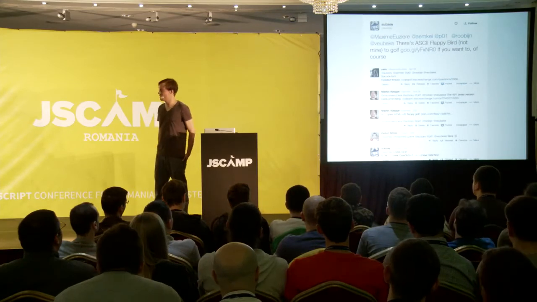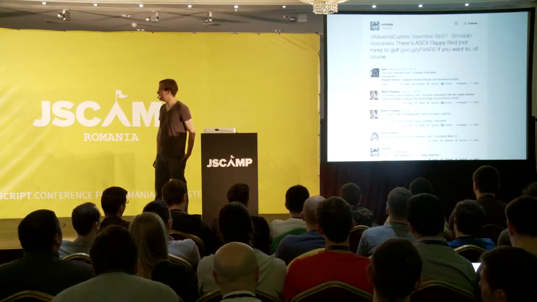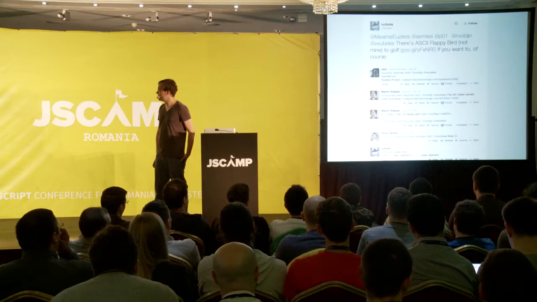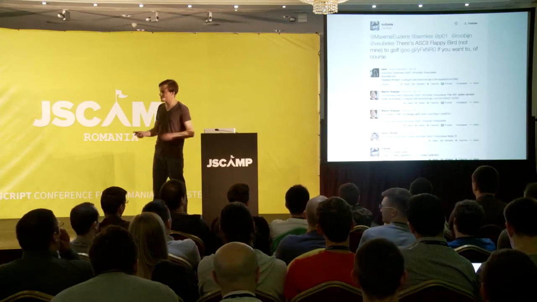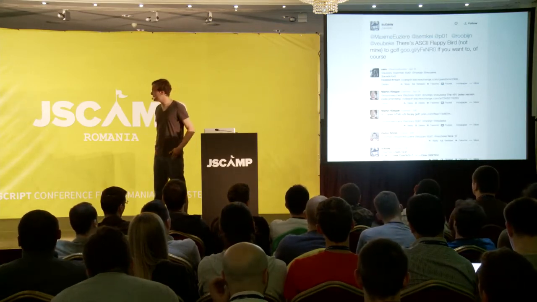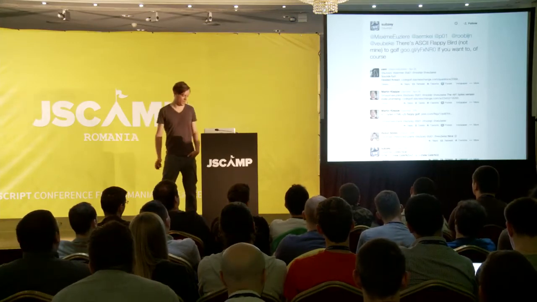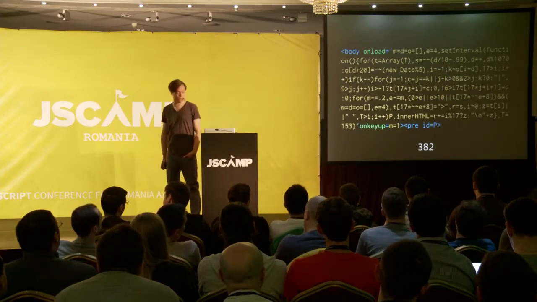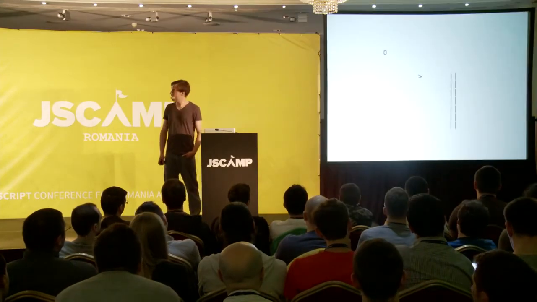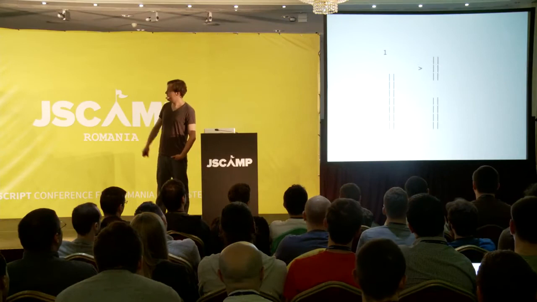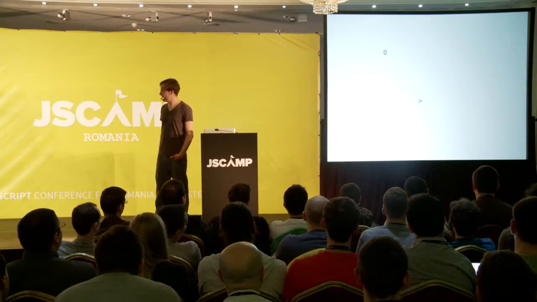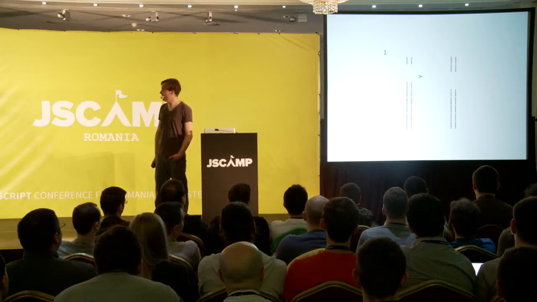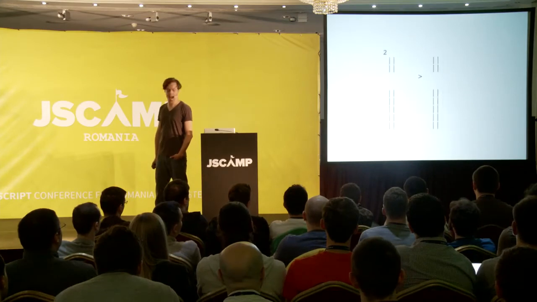This was at the conference last month in San Francisco, and someone said, okay, there's a Flappy Bird JavaScript version without the HTML, but how about getting it down? And it turns out you can do this also in less than 400 characters. And it looks like that. It's still hard, as hard as the original game, but you can manage it.